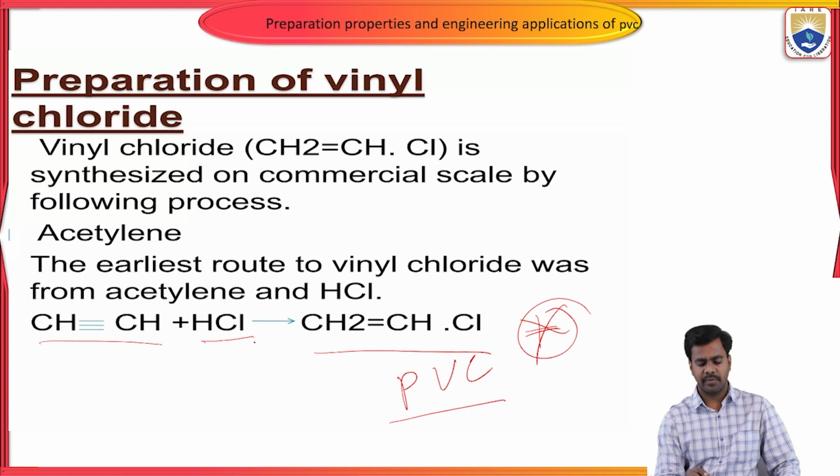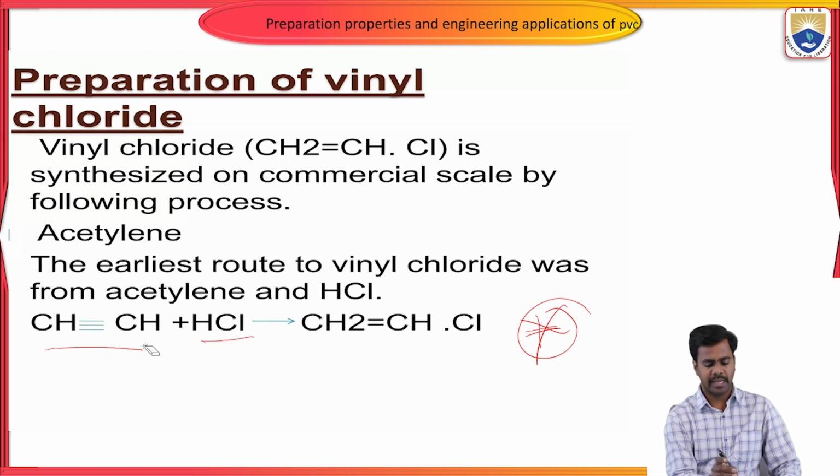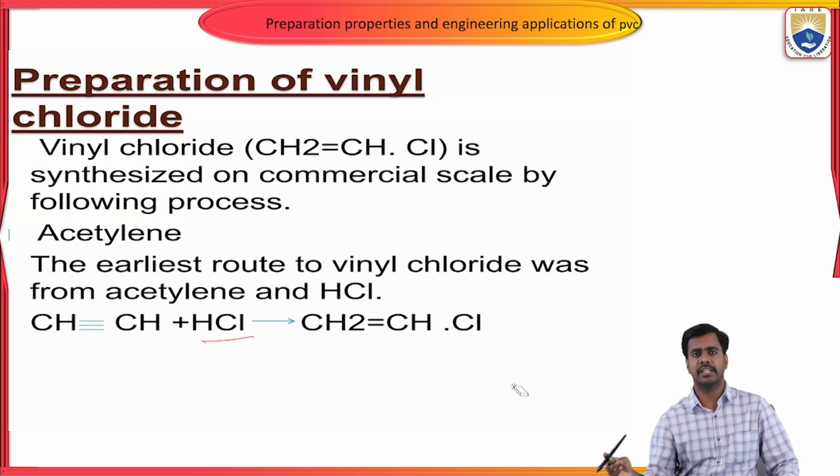Hence, PVC is prepared by addition polymerization of acetylene and hydrogen chloride. That is the difference between addition and condensation polymerization reactions, whereas in condensation polymerization, some byproduct will be eliminated.